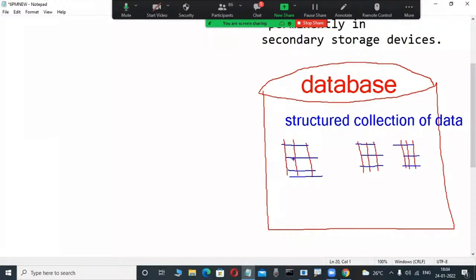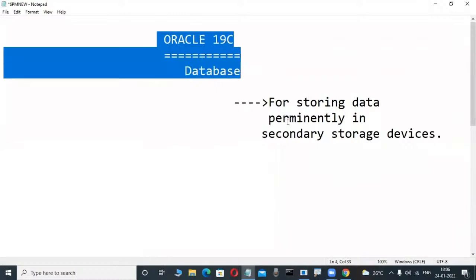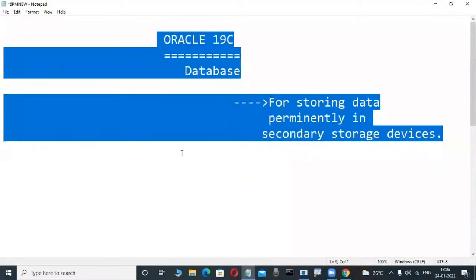Once a structured collection of data is there, for handling and operating this data, which language do we use? Very good, SQL, Structured Query Language. That's why these databases are implemented based on the relational data model. What is that today? I will tell you.